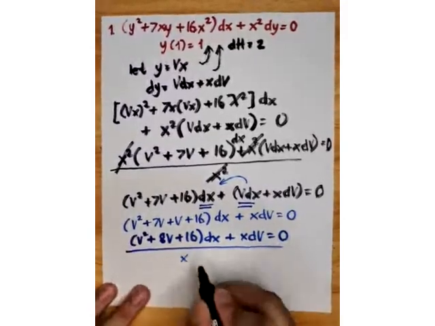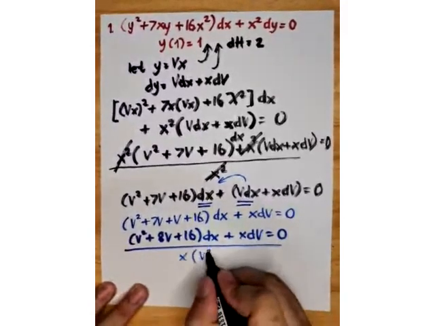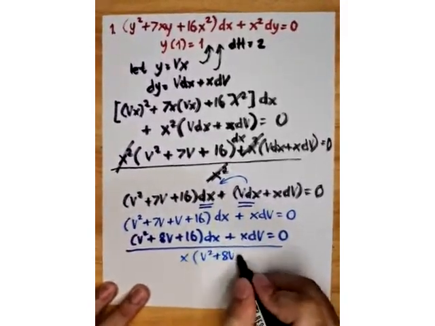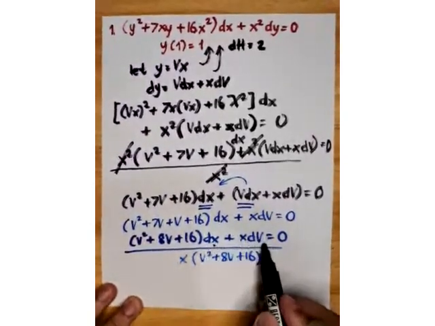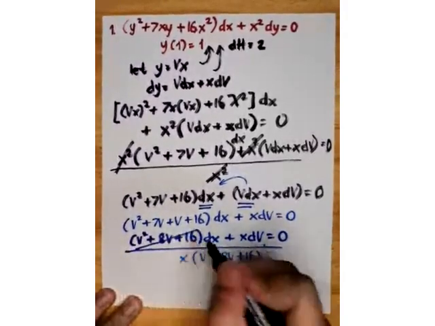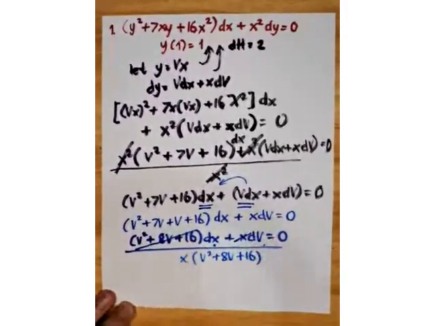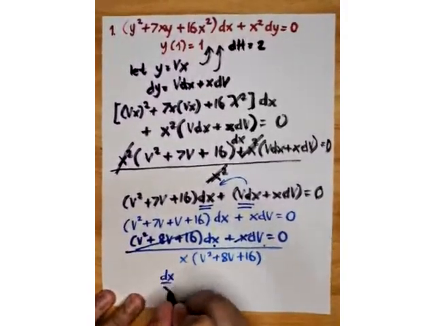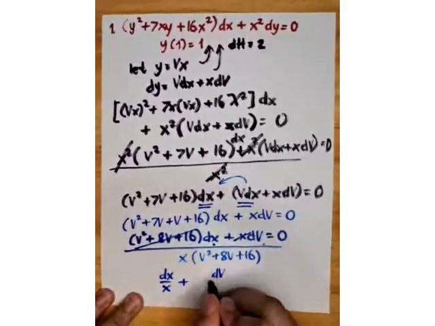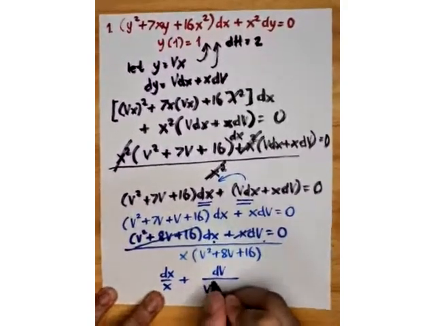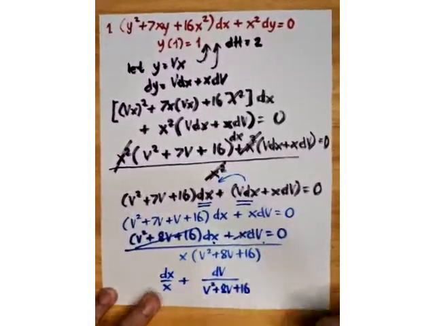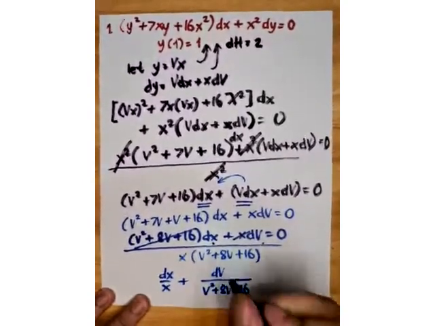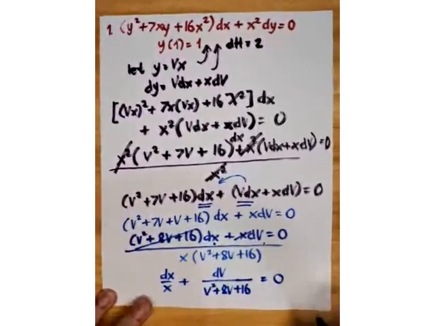Let's divide the whole equation by x and (v squared plus 8v plus 16), to separate v from dx and x from dv. This will be cancelled and this also will be cancelled. What remains is dx over x plus dv over (v squared plus 8v plus 16) equal to 0.